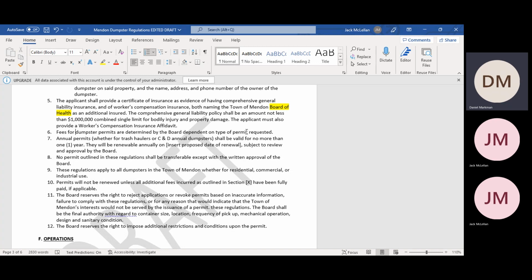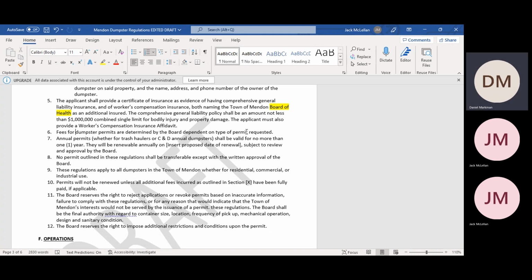The property owner becomes responsible for making sure that the hauler they have is reputable. The property owner is the person we hold to account, and the property owner gets the permit. Those are the two different kinds of philosophies for regulating dumpsters and trash.